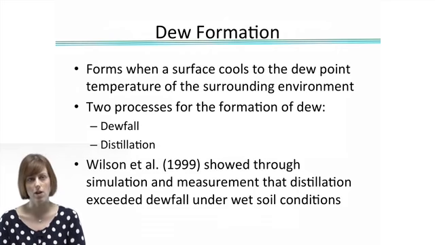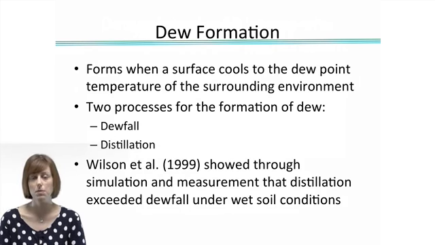A study by Wilson et al. in 1999 looked at the contribution between dewfall and distillation on a potato canopy using simulation and measurement, and found that in conditions when we have wet soil or high soil water potential, they actually indicated that 85% of the overall leaf wetness was a result of distillation, and so a smaller component came from dewfall. And I'll get into why that's a concern in some of the modeling aspects further on in the talk.